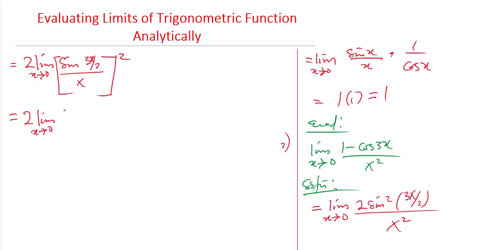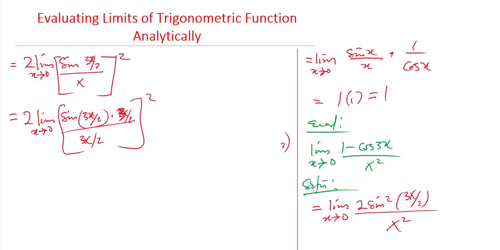So we are going to have sine 3x over 2 all over x multiply 3 over 2, which gives us 3x over 2, all squared.